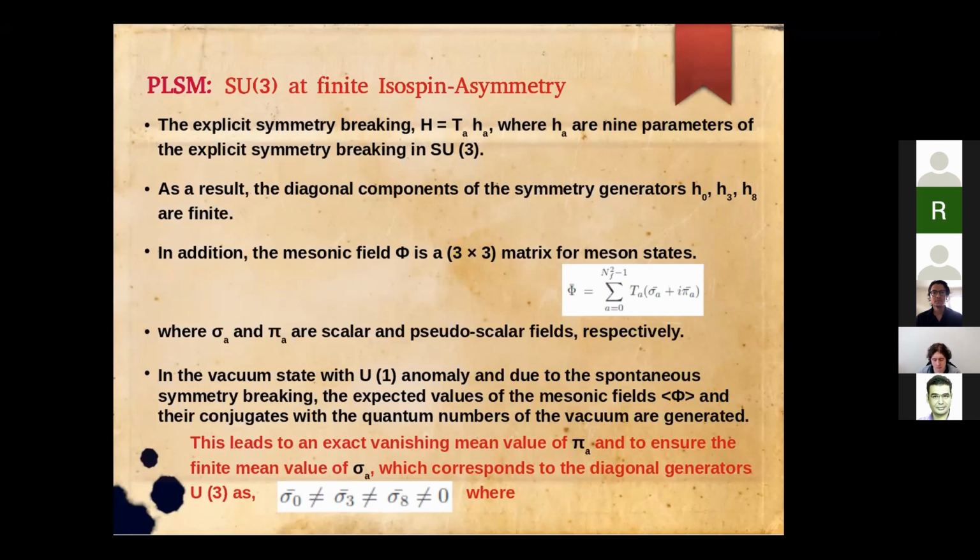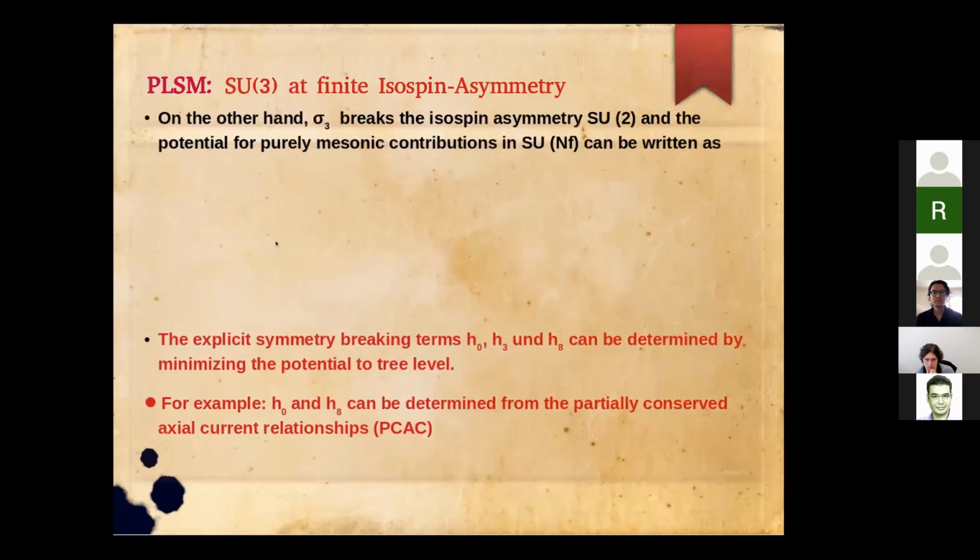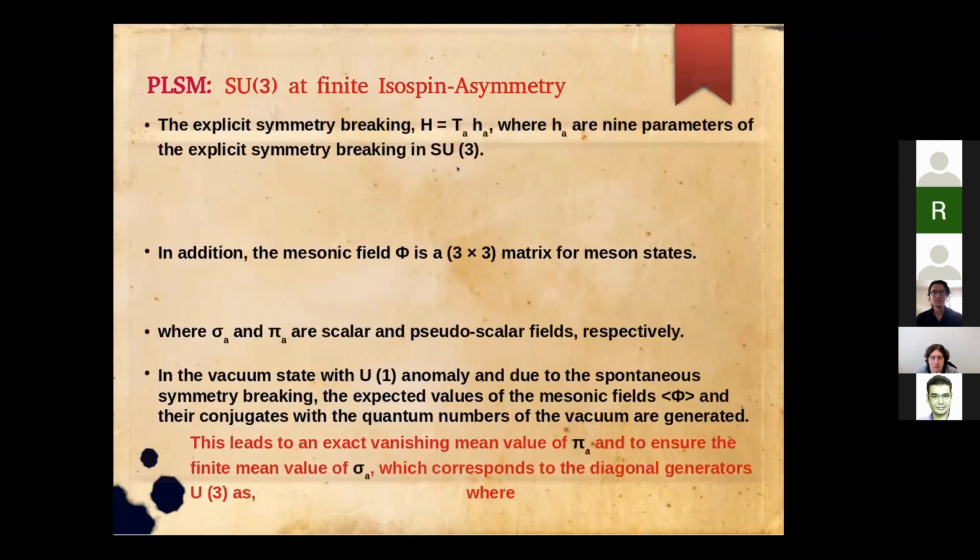Accordingly, we now have to estimate the corresponding variable for the isospin asymmetry. This leads me to say that sigma 3 breaks the isospin symmetry, and the potential which we have is a purely mesonic contribution, like this.